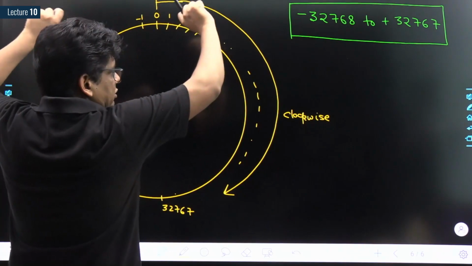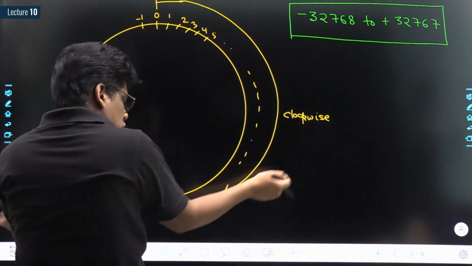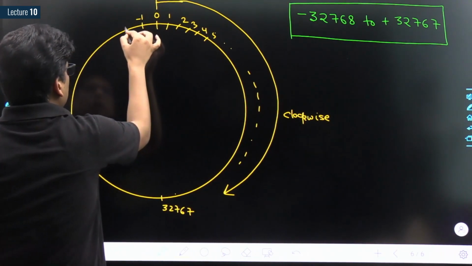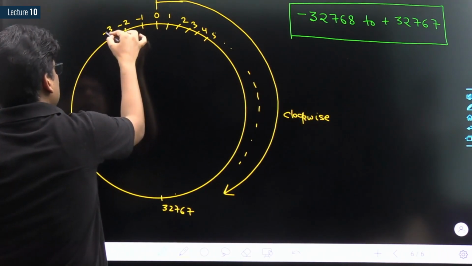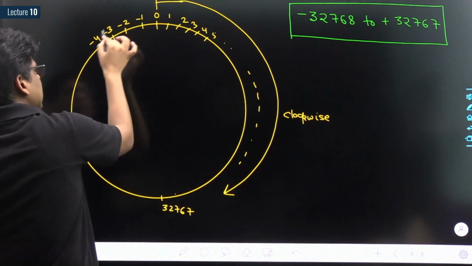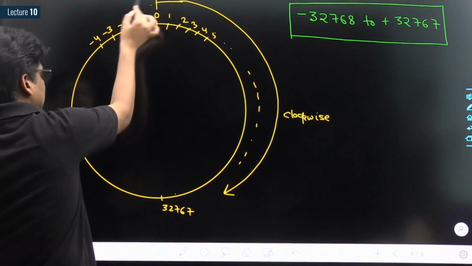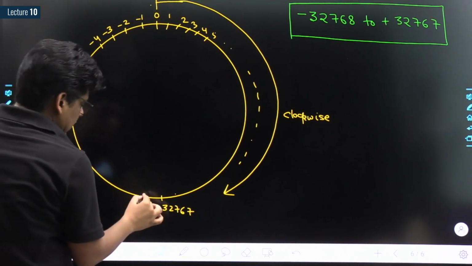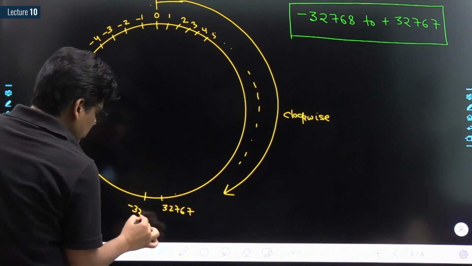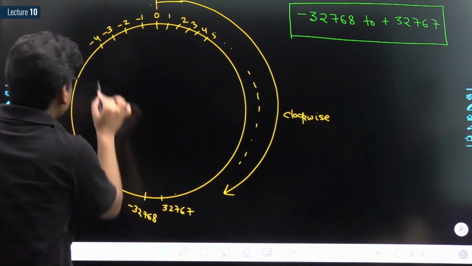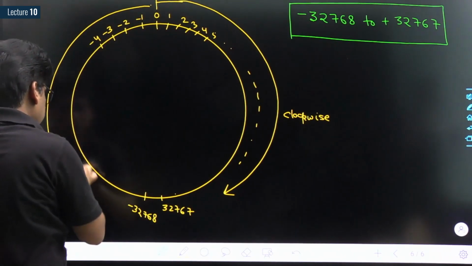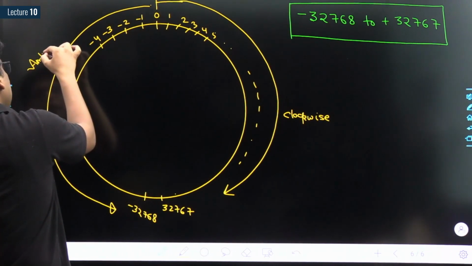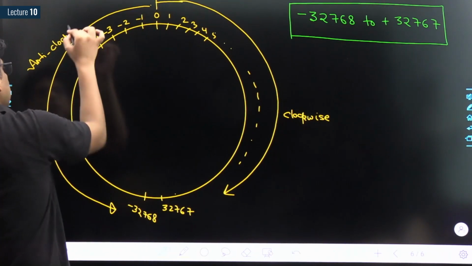We have just joined those lines to make a circle. -1, -2, -3, -4: we are decreasing the value, so for negative numbers we move in the anti-clockwise direction. The last value is -32768.